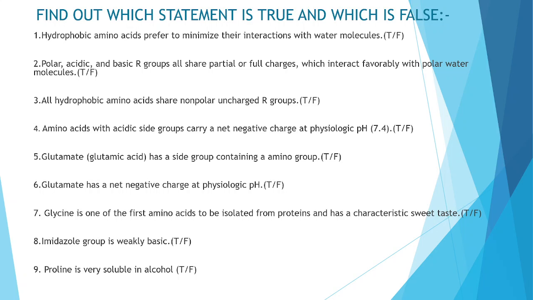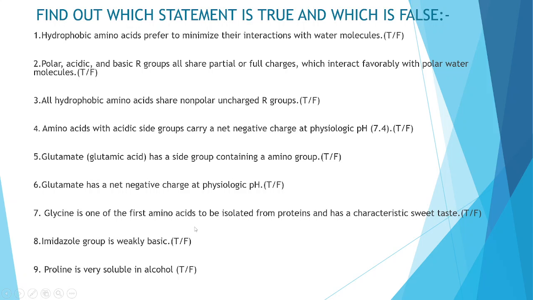Glutamate or glutamic acid has side group containing an amino group. Question number 5. Glutamate has a side group containing alpha amino group. Glutamate has a net negative charge at the physiological pH.